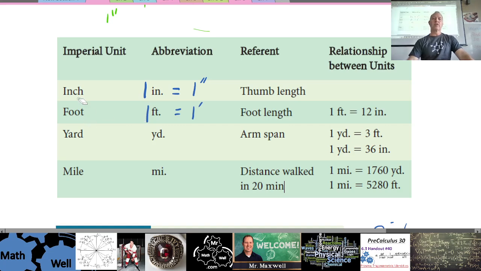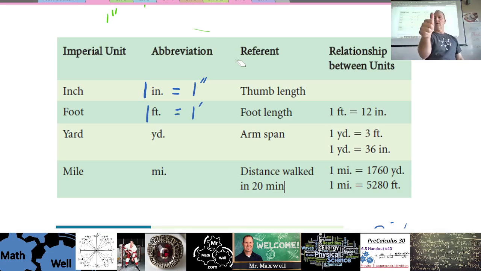Well, an inch, first of all, is abbreviated by two little hatch marks. If you see two little hatch marks there, that's the symbol for an inch. And a referent is a real life thing that you would refer to, to remember what this length is.